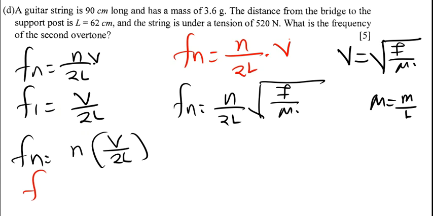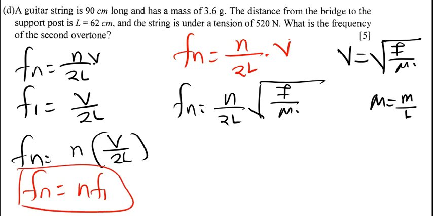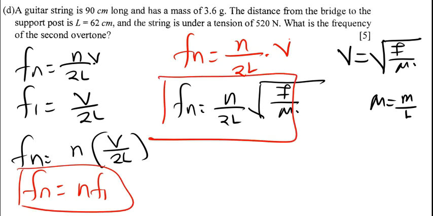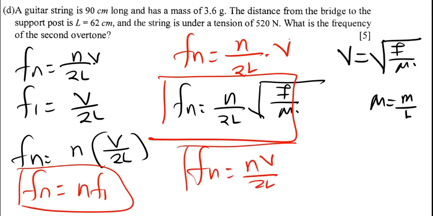So another formula for the fundamental frequency is n times the first fundamental frequency. This is also very important. Another formula you need to know is nV divided by 2L. These are the main three formulas you need to know under fundamental frequency.